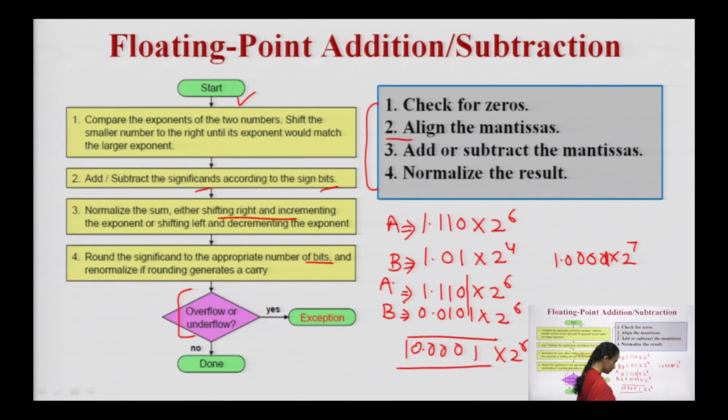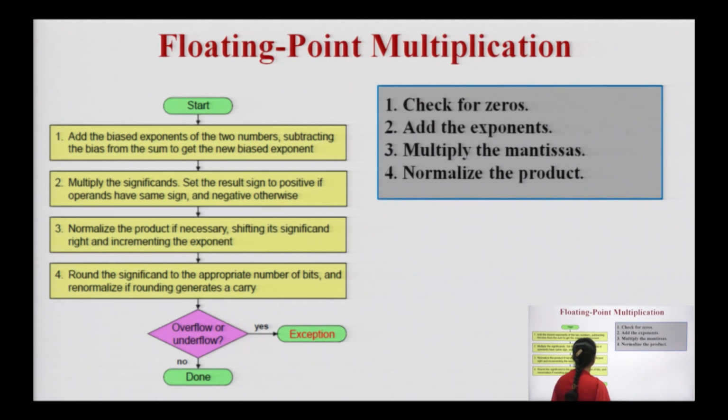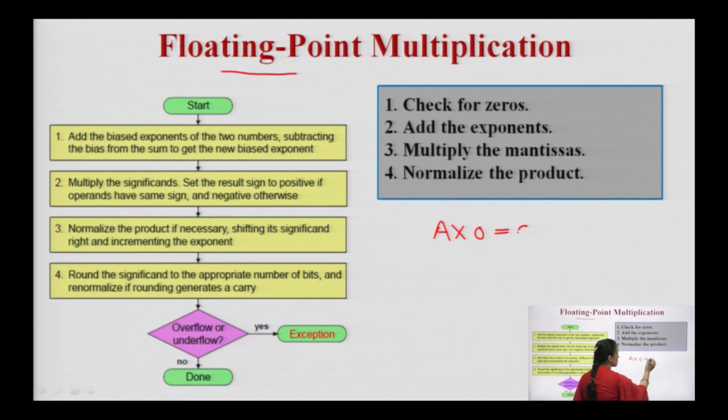7. Then next, floating point multiplication. For performing floating point multiplication, I will check whether any number is 0, because any number multiplied with 0 results in 0. There is no need to go further. So first the numbers are checked for zeros. Then, as we all know, the exponents are added while performing floating point multiplication.